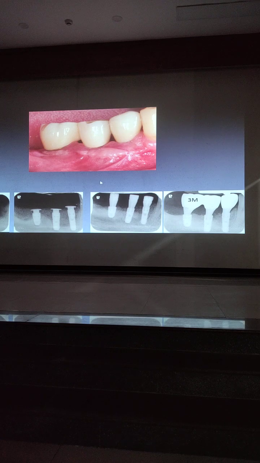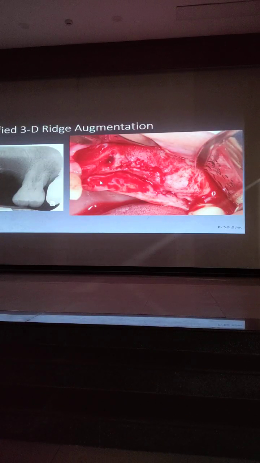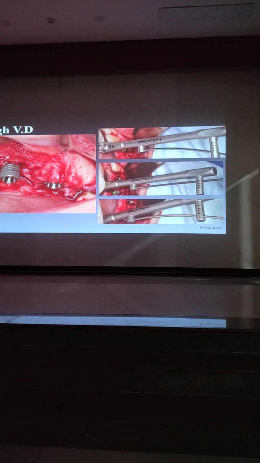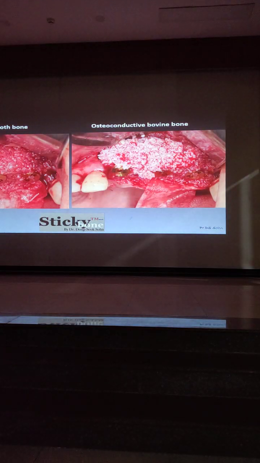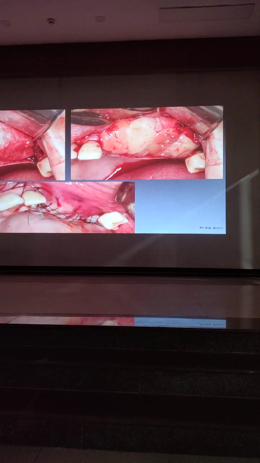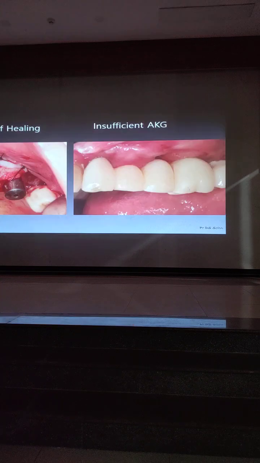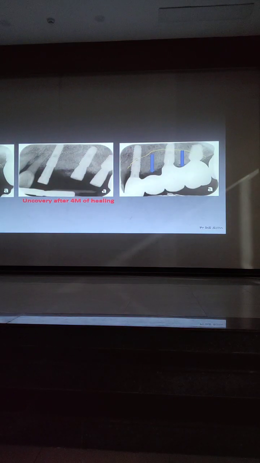3 months. There's another case, same technique, 8 millimeter vertical dimension, good. Implant stability was good. Lateral tenting, bovine bone, membrane. After 4 months of healing, the temporary restoration was released, but the keratinized gingiva was not enough.